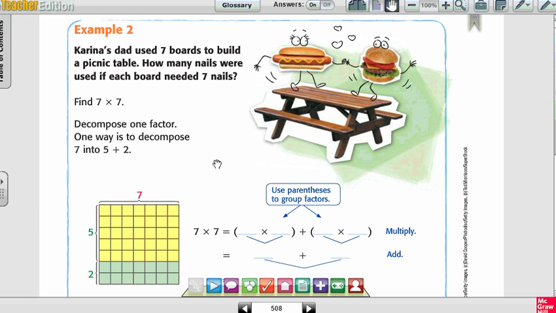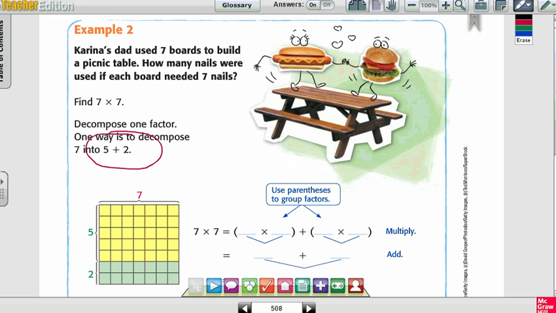Here's example number 2. It says, Karina's dad used 7 boards to build a picnic table. How many nails were used if each board needed 7 nails? So now I have 7 times 7, and they're going to decompose one of the 7s, right? They're going to decompose 7 into what? 5 plus 2.